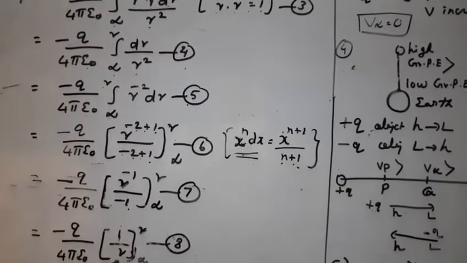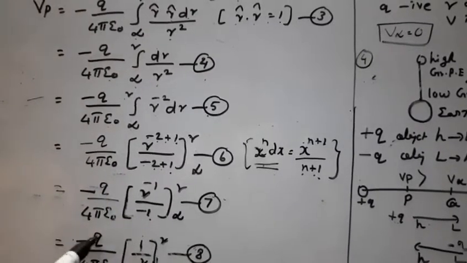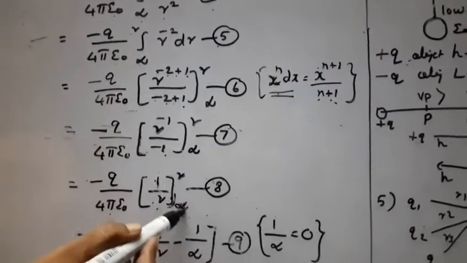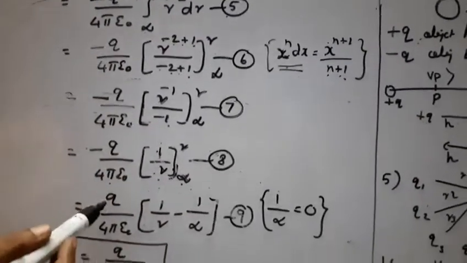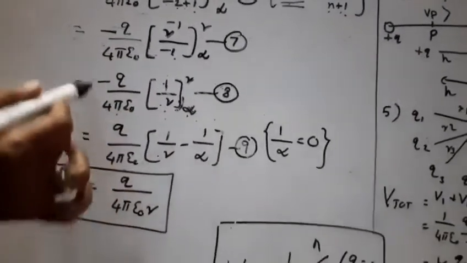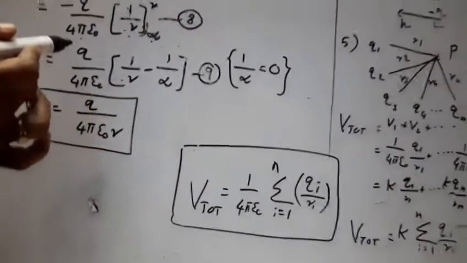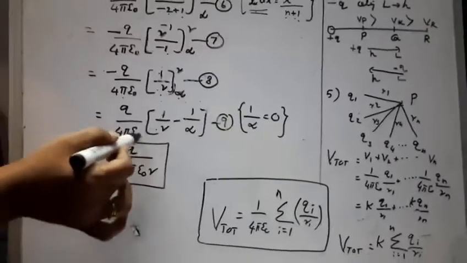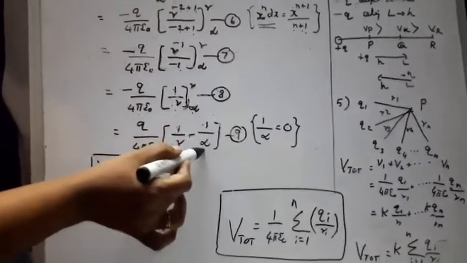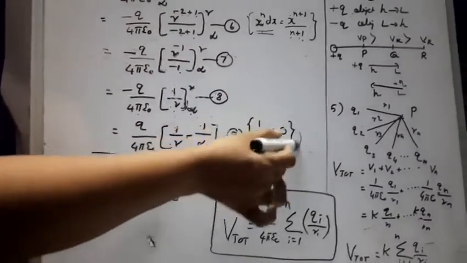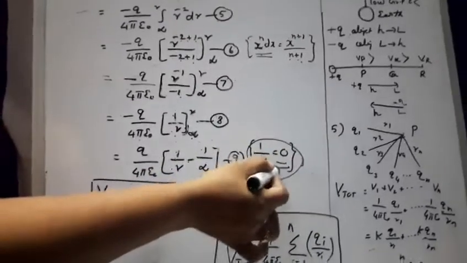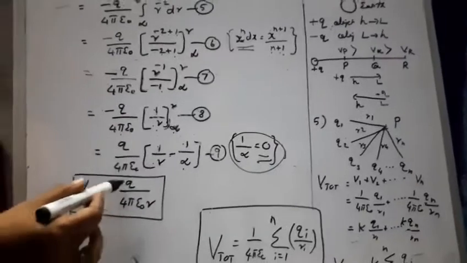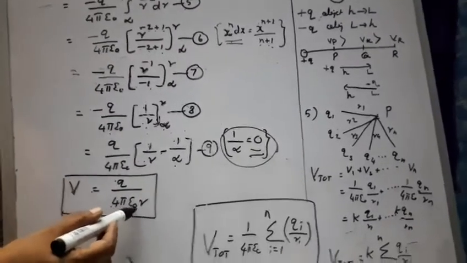Therefore the equation is minus q divided by 4 pi epsilon naught 1 by r, with the limits r and infinity. Substituting the infinity value, the minus signs cancel. Therefore q by 4 pi epsilon naught times (1 by r minus 1 by infinity). 1 by infinity, anything divided by infinity, is 0. Therefore the final answer for electrostatic potential is V equals q divided by 4 pi epsilon naught r.